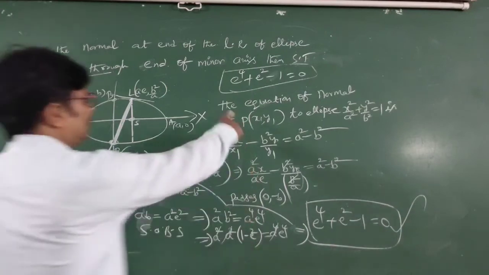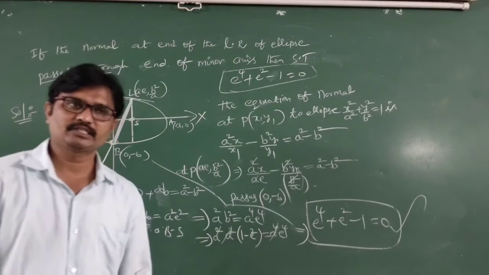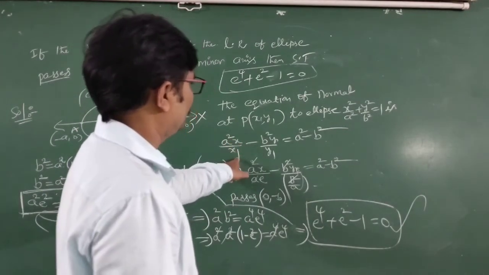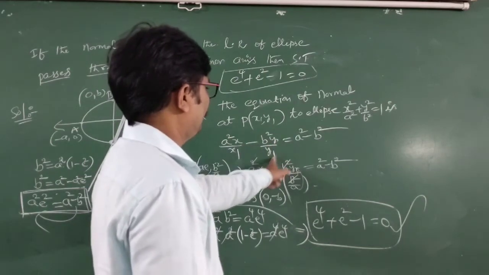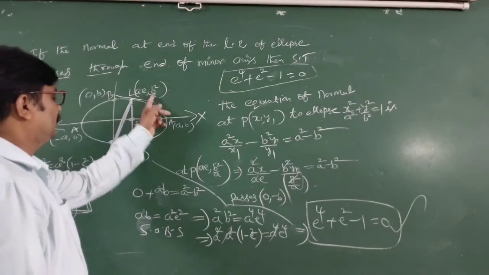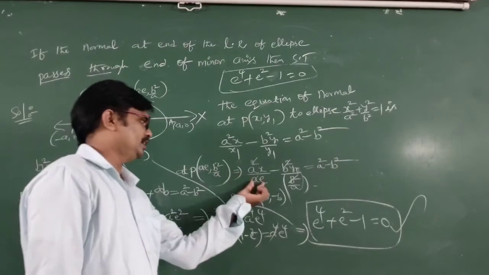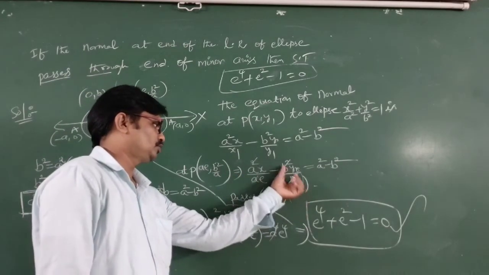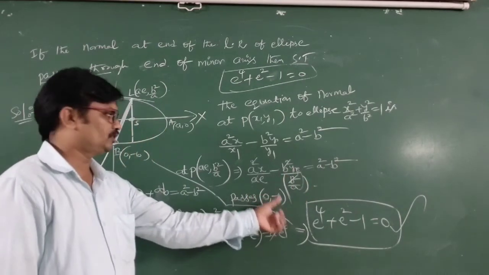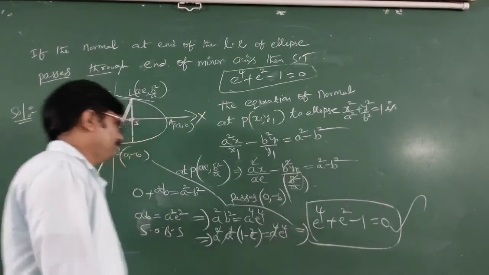So first we have to write the equation of the normal at x1, y1 to the ellipse: a square x by x1 minus b square y by y1 equal to a square minus b square. The point is given at the end of the latus rectum, that is ae comma b square by a. Replace x1 by ae and y1 by b square by a. These two are cancelled. Now this is passing through 0 comma minus b, this is minus of minus plus b, that is ab.